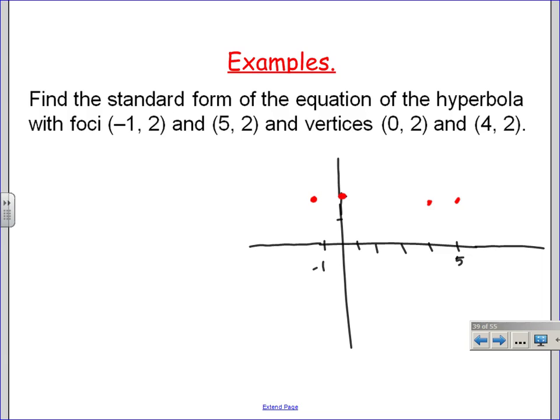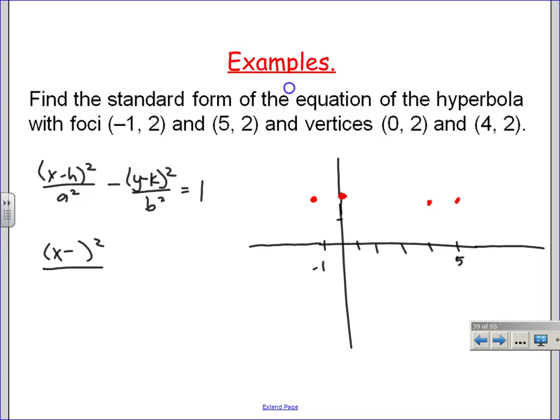Which standard form are you guys using? X minus? Ooh. Careful. Yeah, we have to get used to that. Minus is hyperbola. Why am I not just going to x squared and y squared?